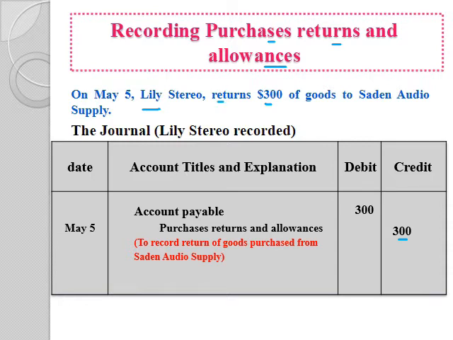Lily Stereo returns to whom? To Sadin. So Sadin's account payable decreases because we returned goods to them. Accounts payable, Sadin Audio Supply, decreases. Normal balance is credit because it is a liability, so record in the debit side account payable, Sadin, the amount in the debit column $300. Credit side purchases returns and allowances, the amount $300.